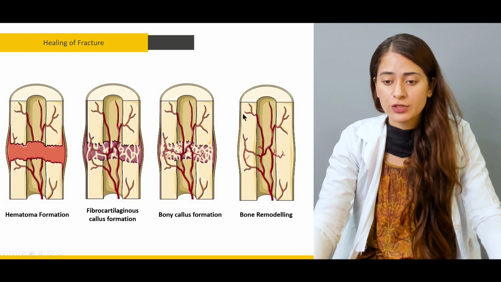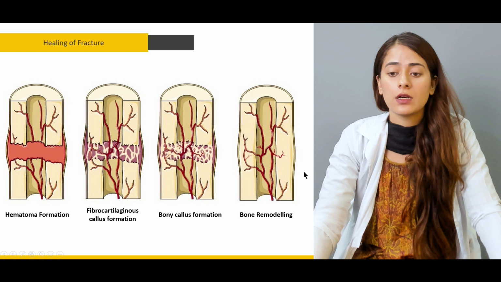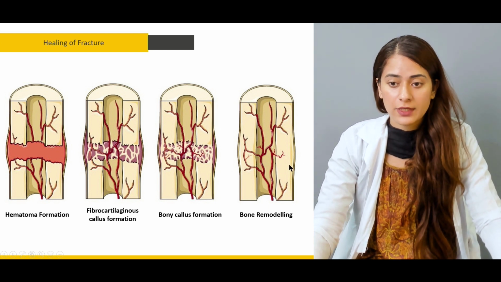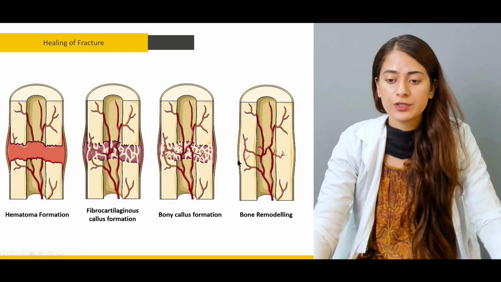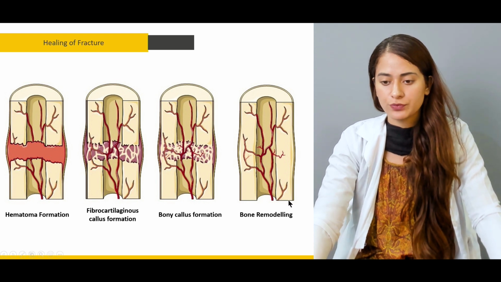But there is always going to be some anatomical difference after the fracture, even though the bone has completely reformed and is completely remodeled. There are always going to be some differences, some changes in the continuity or integrity of the bone.